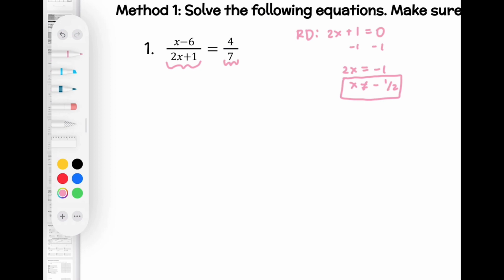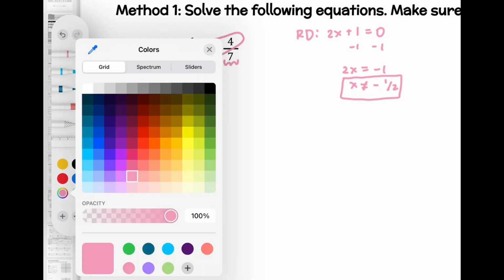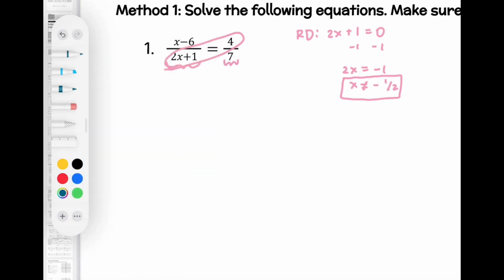So let's go ahead and cross multiply. We multiply these two and we get 4 times (2x plus 1). Then multiply these two and we get equals 7 times (x minus 6).